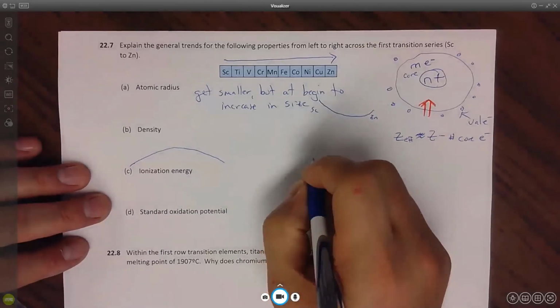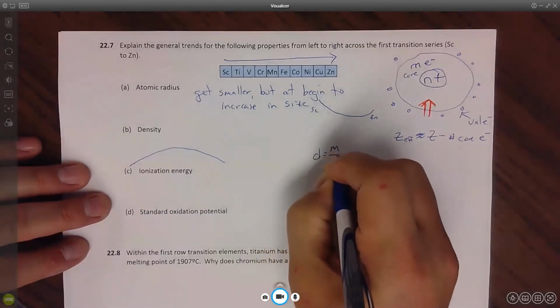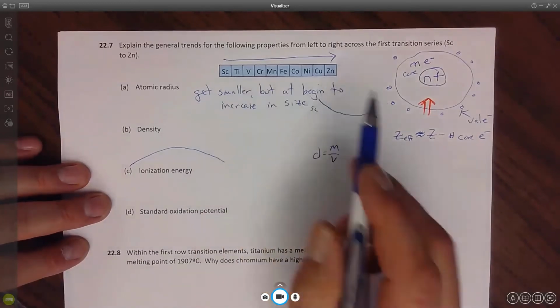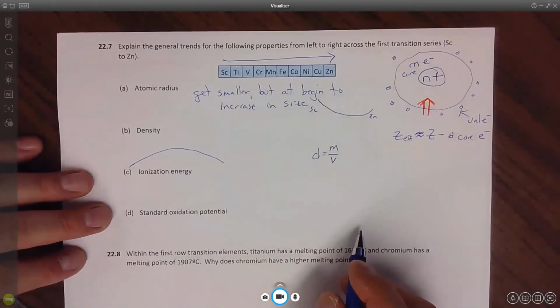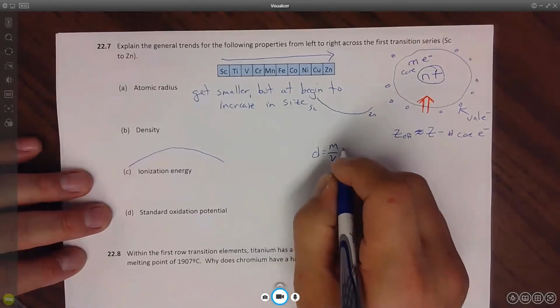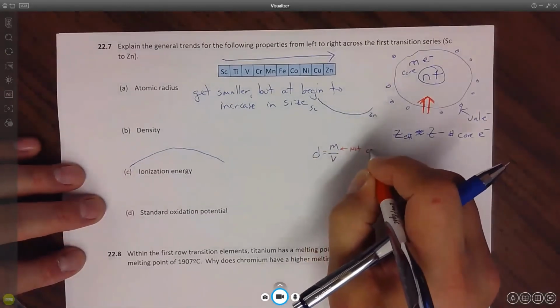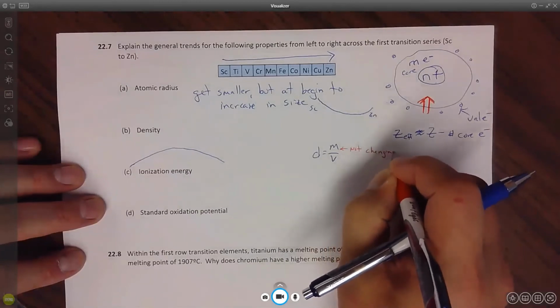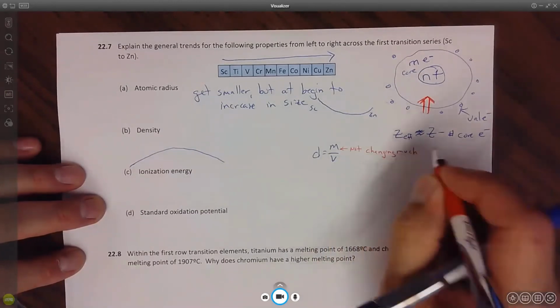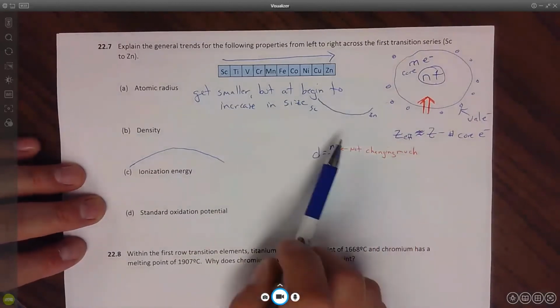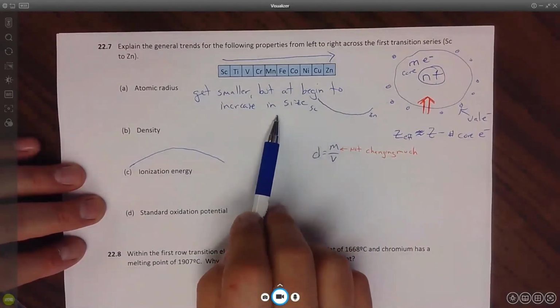Exactly, right? So density is equal to mass over volume. But the mass going from here to here isn't changing that much. I mean, it is slightly increasing as we go, but it is the volume, which has to do with the radius.